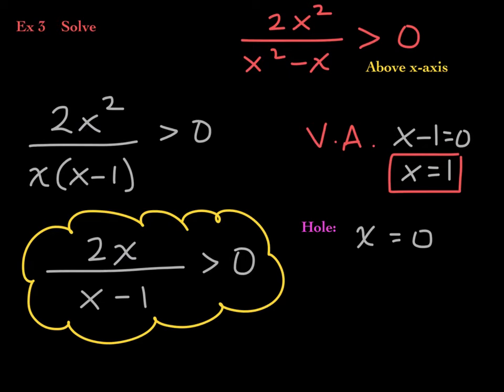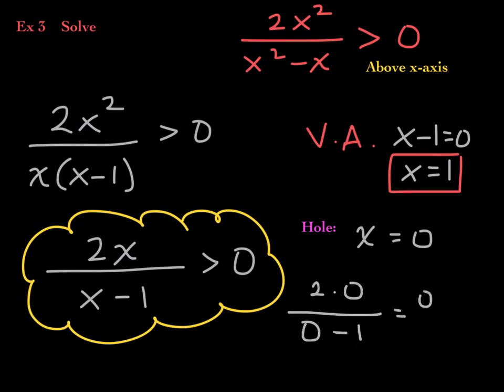Now, when I plug this value in, I will find out the ordered pair at which there is a hole. So here I go, I'm going to plug it in. I have 2, I'm plugging in 0 there and there. So I'm going to have 2 times 0 over 0 minus 1.